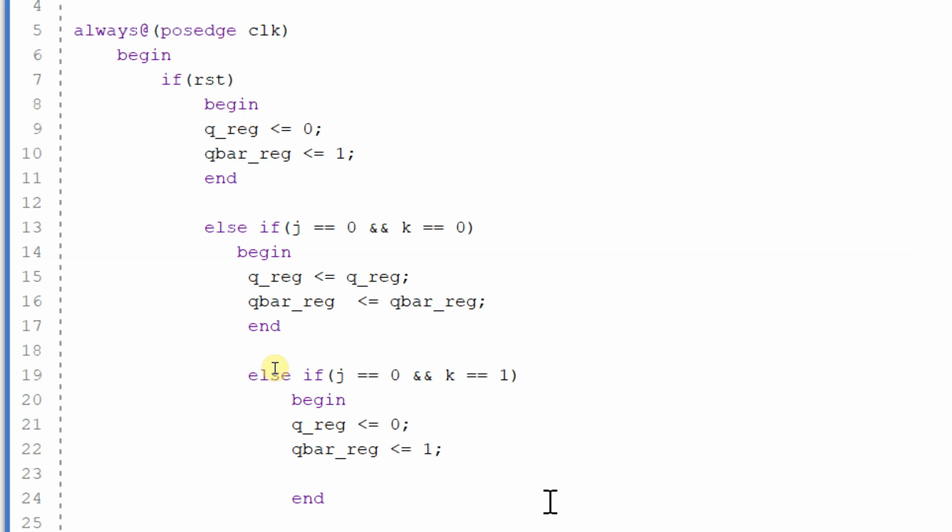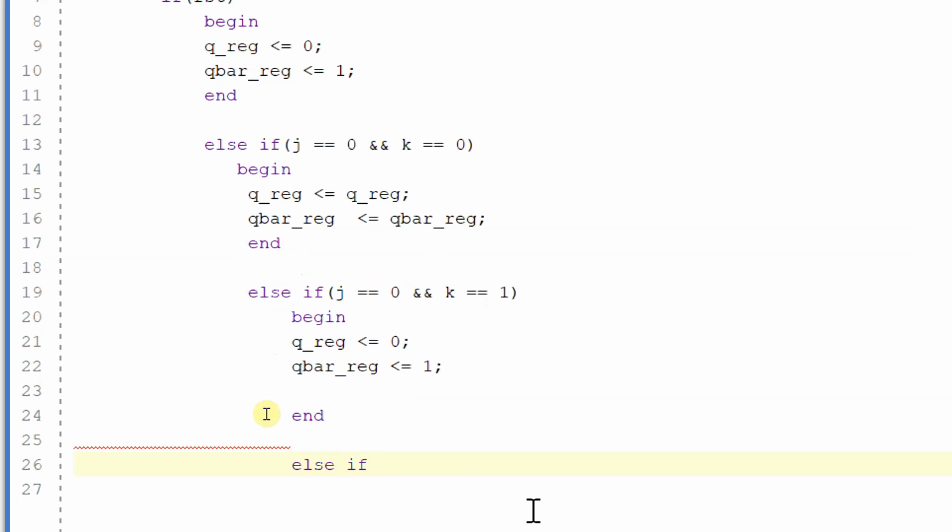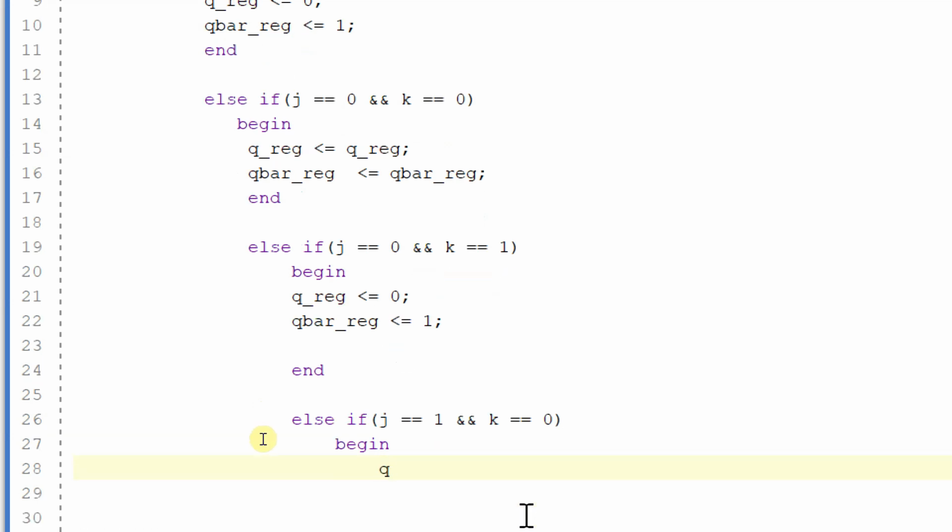Ending this, and else if j is equal to 1 and k is equal to 0, then begin, q_reg will be equal to 1 and q_bar_reg will be equal to 0.